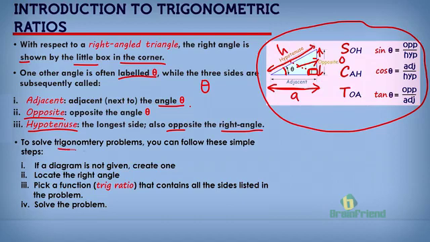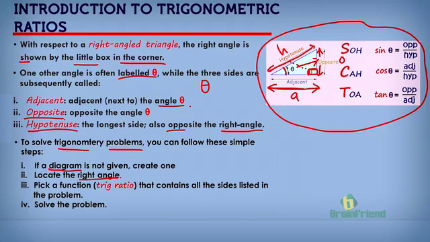Now, to solve trigonometry problems, we follow these simple steps. If a diagram is not given, try to create one. Locate your right angle, that is the angle indicated with a little box by the corner. With that location, we can easily know where our hypotenuse is.